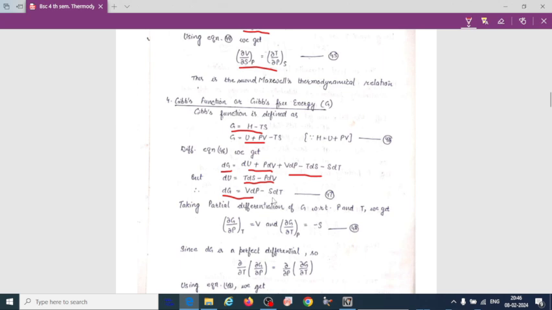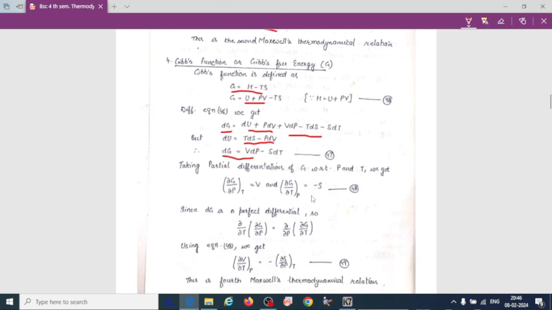Once you substitute, you get the final differential equation, that is V dP minus S dT. Then we take the partial differentials of Gibbs free energy with respect to pressure and temperature. So dou G by dou P at constant temperature is equal to volume, and dou G by dou T at constant pressure is equal to the negative of the entropy.